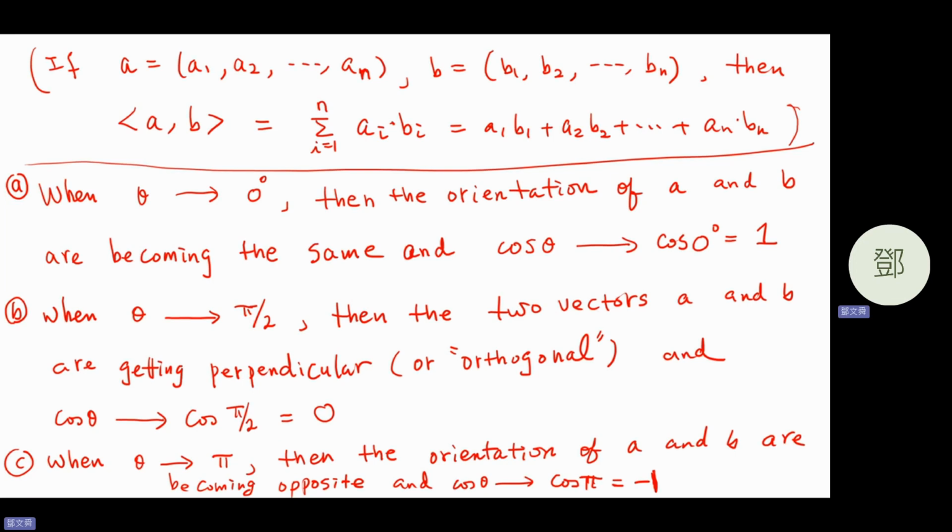It means they have no linear relation. When A and B are orthogonal, their inner product is 0. It means no relation, no linear relation.